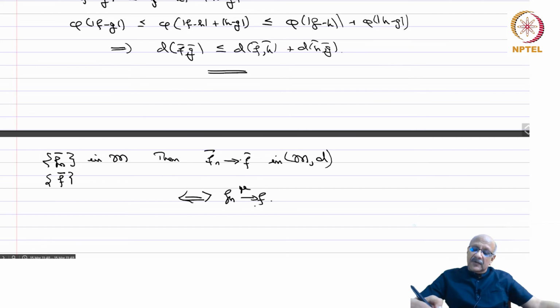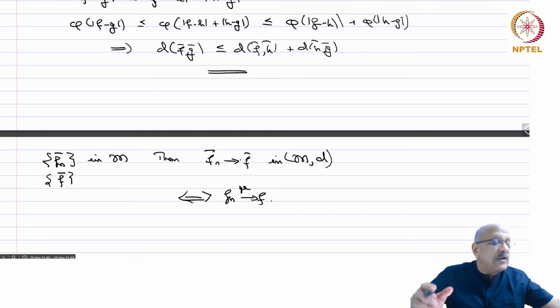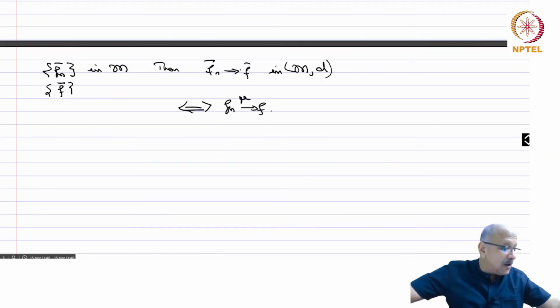It doesn't matter which representative we take, because we saw that if two functions differ almost everywhere, then they converge to the same function in measure. So convergence in measure can be thought of as a metric convergence in some suitable topology, in some function space. This is a very interesting property.